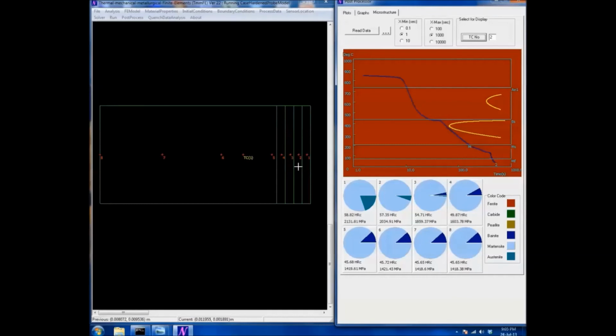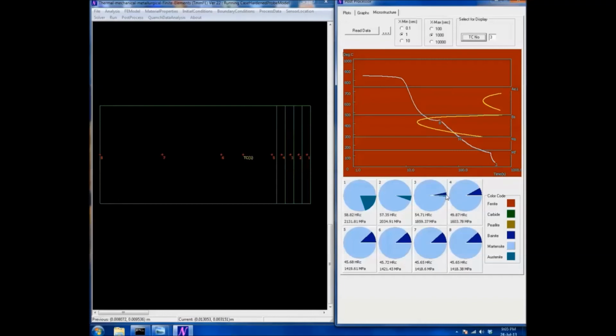Moving away towards the center, TC number 3 cuts the nose, and you will see the point B marked here, which indicates a slight amount of the bainite forming at that point. And that's what is indicated here in this pie chart.